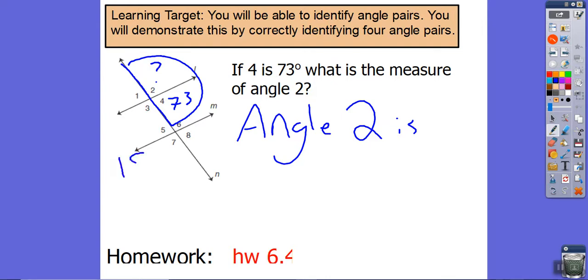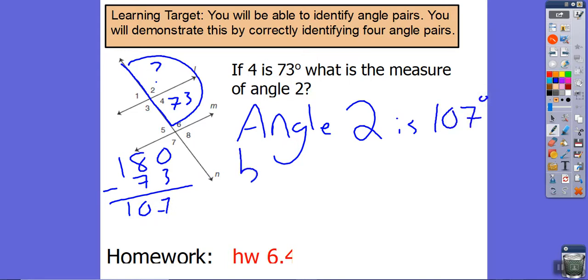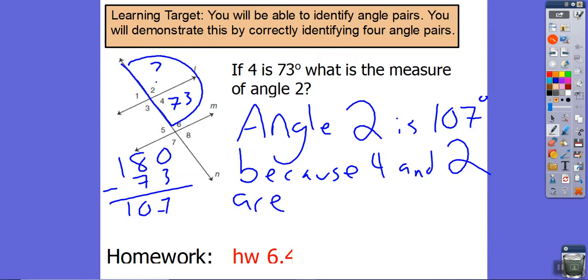They are going to make 180. So over on the side, I'm going to take a second and subtract from 180 and get 107. So angle 2 is 107 degrees because, and then you say the two angles, because 4 and 2 are, and then you drop the vocab word. Next to each other is supplementary.